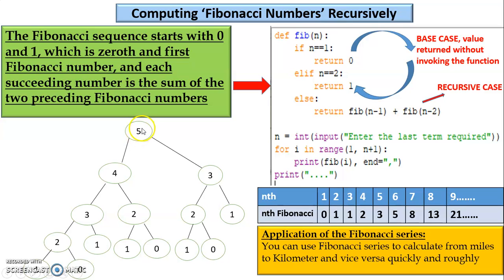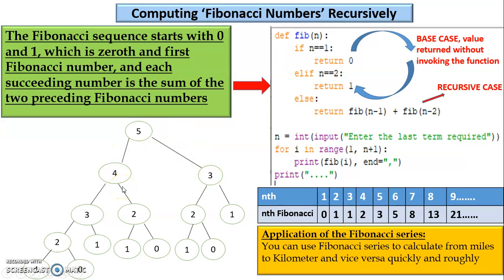Let's say I want to calculate 5 Fibonacci numbers. Fib of 5 will invoke the fib function 2 times, that's 4 and 3, which is n minus 1 and n minus 2.